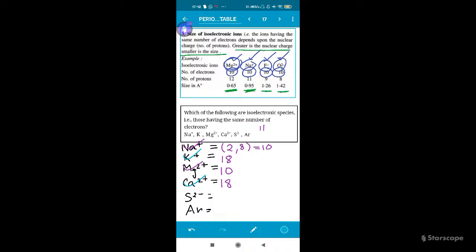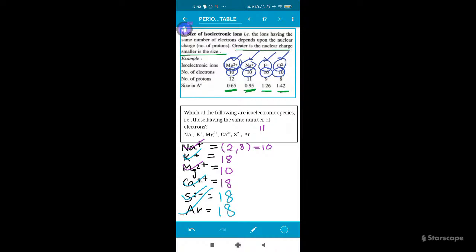Sulfide ion, let's see. Sulfur has 16, 2 electrons extra, 16, 17, 18. Yes, this is also an isoelectronic species along with calcium ion and potassium ion. Now talking about argon. Argon has 18 electrons in all. So yes, all the blue colored ones are isoelectronic species and all the purple colored ones are isoelectronic species.